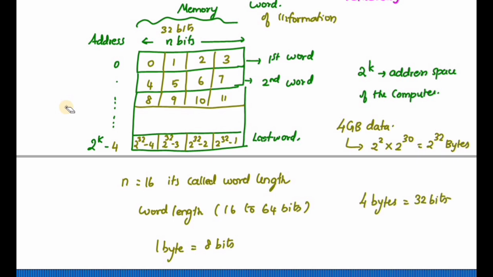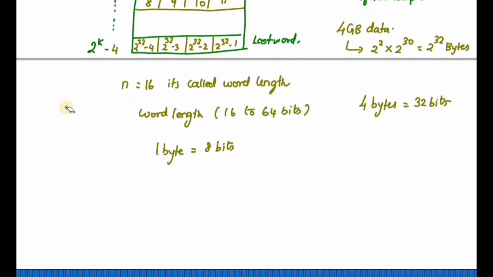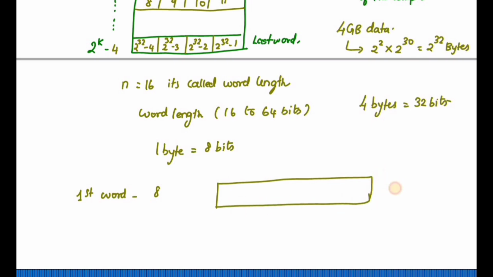How will the information be stored? Suppose we want to store a number, 8, in the first word. It has to be of 32 bits, in signed binary format. In signed binary, if it is a positive number, the MSB must be 0.